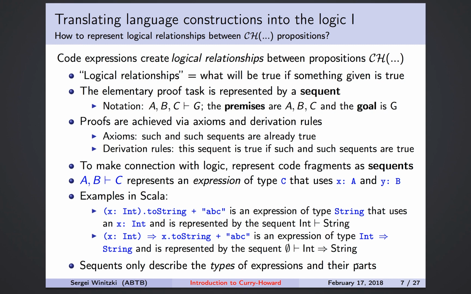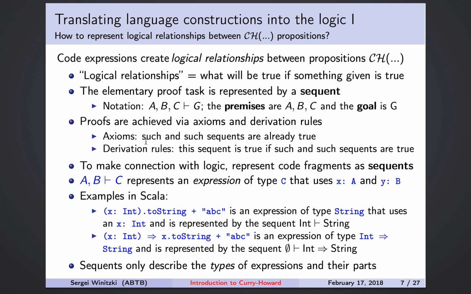How do we understand this? So what are the logical relationships that we have between these CH propositions? These propositions show that we can compute certain values of types that are given. Logical relationships between these propositions mean that we can see that if a program can compute a value of one kind of type, then it can also compute a value of another kind of type.